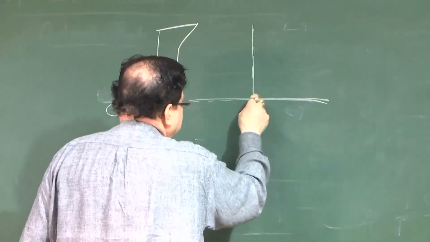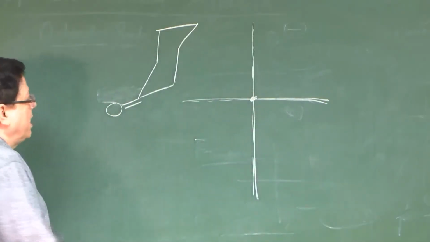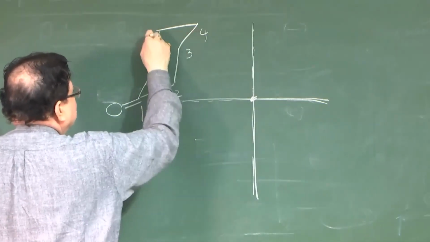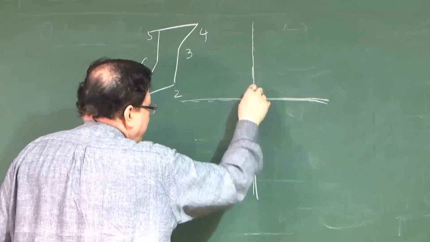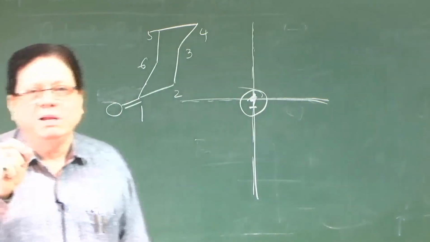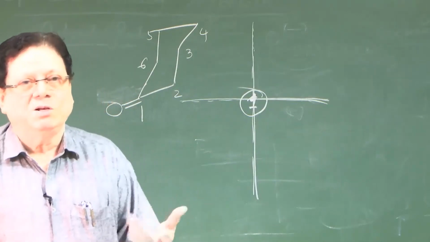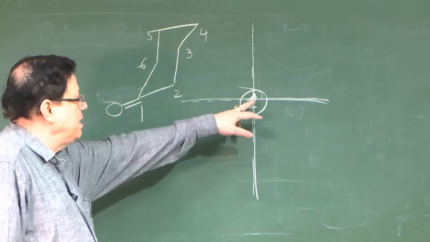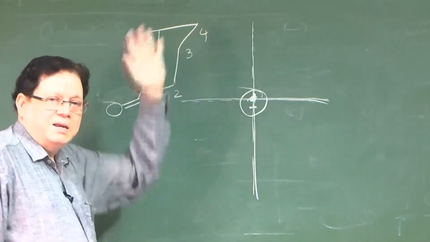Now, this central point is occupied by the carbonyl carbon. Suppose this is 1, this is 2, this is 3, this is 4, this is 5, this is 6. The central point is occupied by the number 1 carbon. Here the carbonyl is number 1; not always, it could be number 2, but the carbonyl carbon will be at the central point. And you have these 2 axes created.